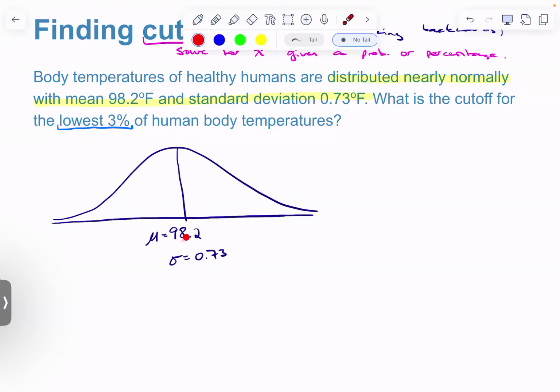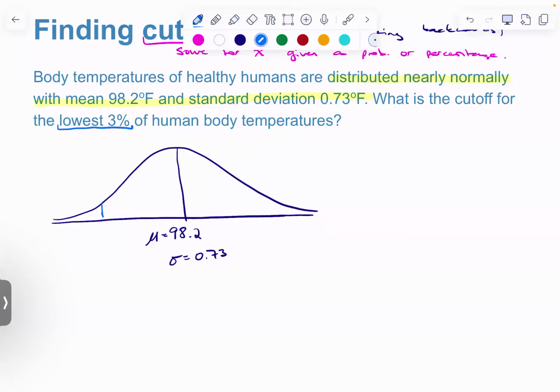If this was race times instead of temperatures, this is just a heads up because I know it's an assignment question, the fastest 5% would be down here, because they have the lowest race times. And the slowest people would be up here because they have the highest race times. They take the longest. So sometimes you gotta pump the brakes and think about what it means. But most of the time, the lowest 3% maps to the lowest 3%.